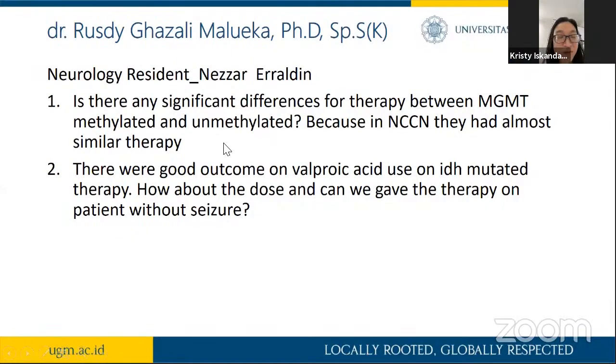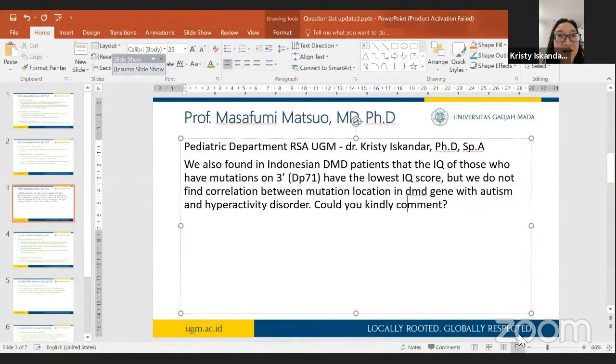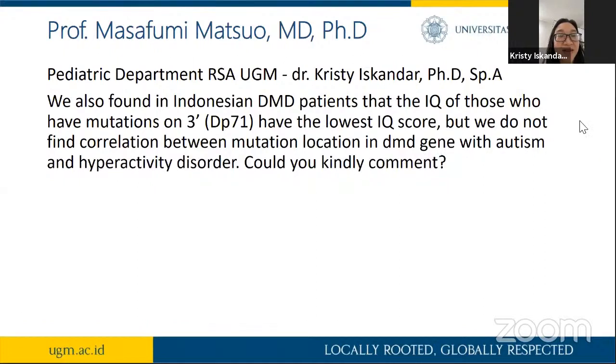So, Prof. Matsuo, I would like to ask about your statement that the mutation on the 3N have mental retardation. So that is my thesis actually right now. And we found also that in Indonesian background, it is also the same that those who have mutation at the 3N has the lowest IQ score.